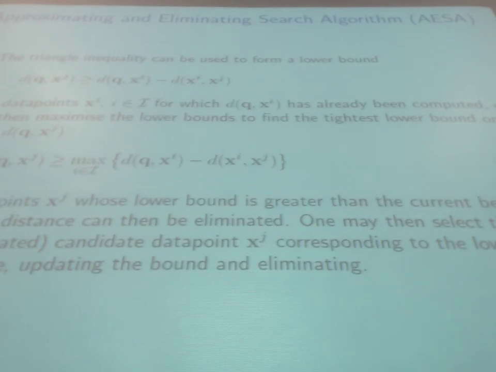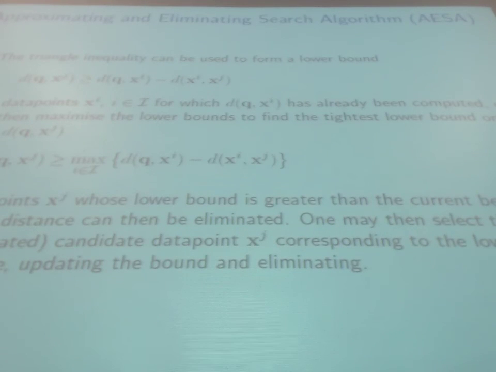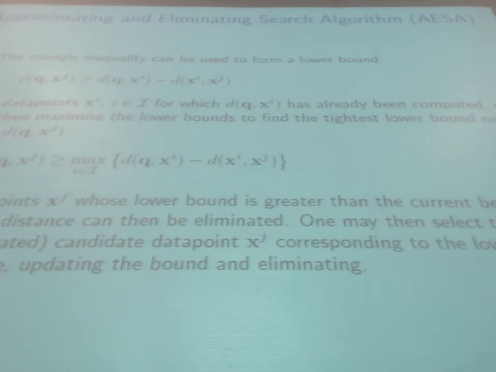I don't know quite what the best strategy would be there, but it's probably very deep. It could well be heavily data dependent as well. It's not easy to formally understand what the best thing would be to do. But that's essentially the ESA approximating and eliminating algorithm.